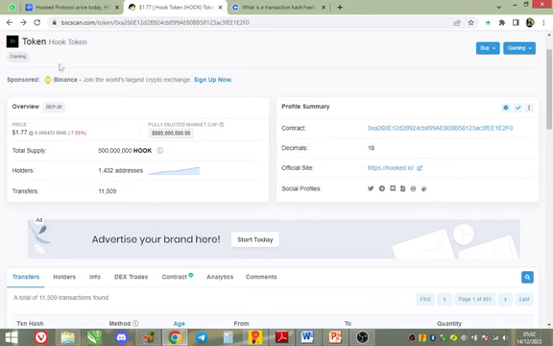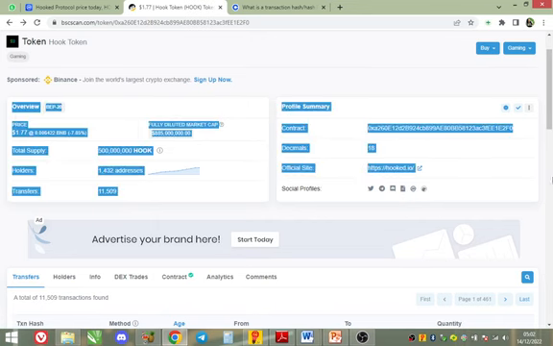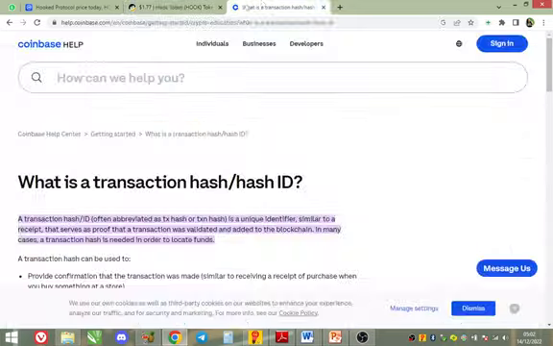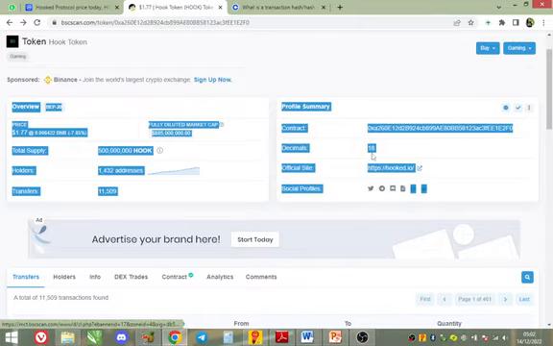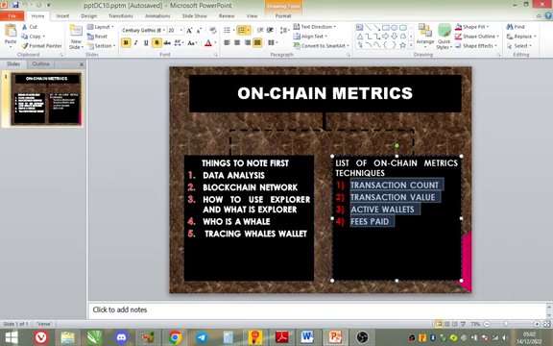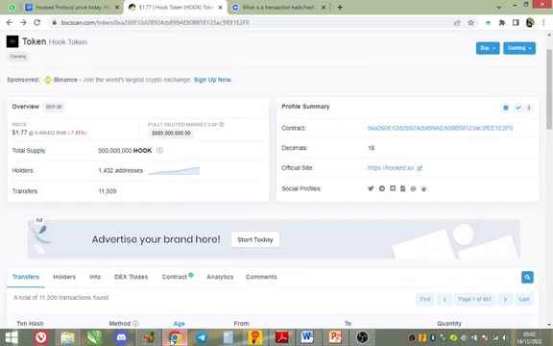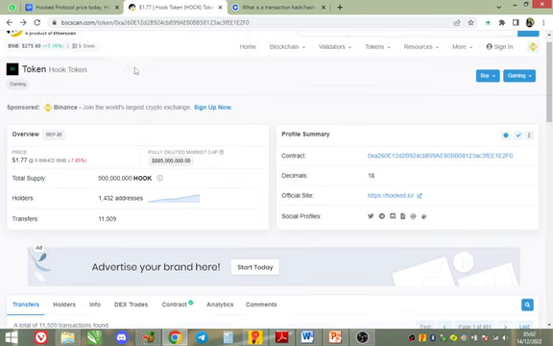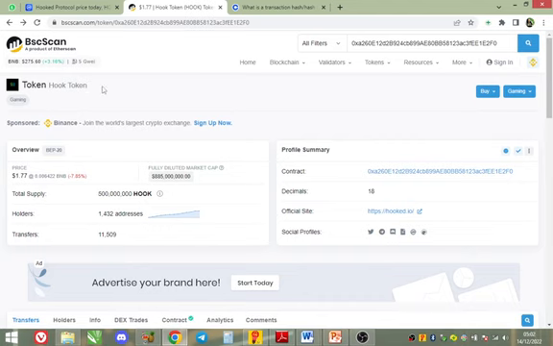So now, having known all of this, we'll dive into the major aspects that brought us here. We'll be discussing the transaction count. The major reason why we'll be discussing the transaction count is we want to know if there are active transactions going on with this token.